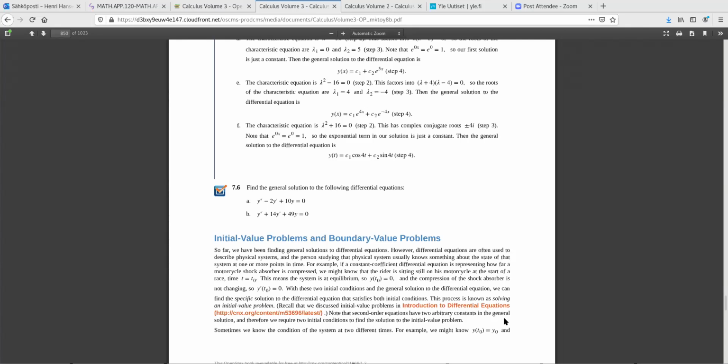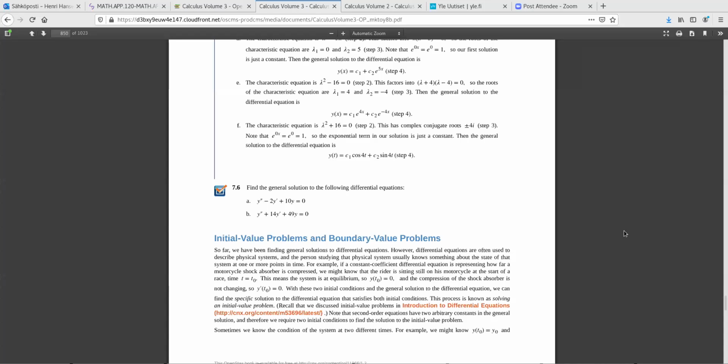The main point here is you formulate the equation. In the first one, you find the characteristic equation. You solve k squared minus 2k plus 10 equals 0. So you solve the second order polynomial and you get that. For the second one, you solve k squared plus 14k plus 49 equals 0.